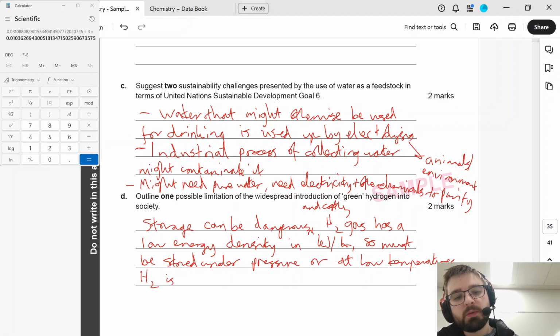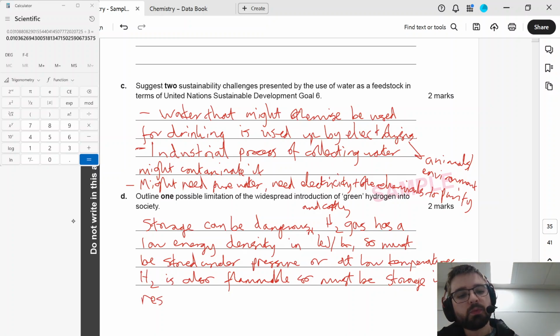H2 is also flammable. So must be stored in, I'll say something like resilient containers.